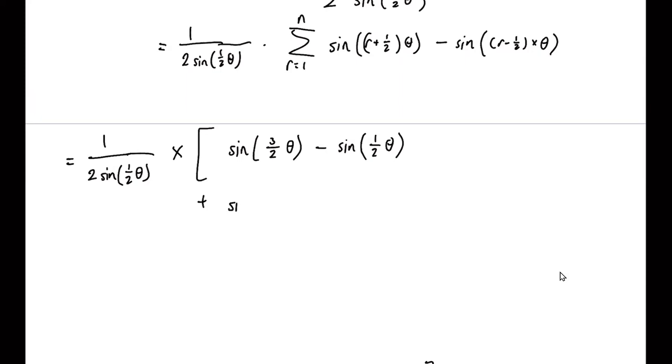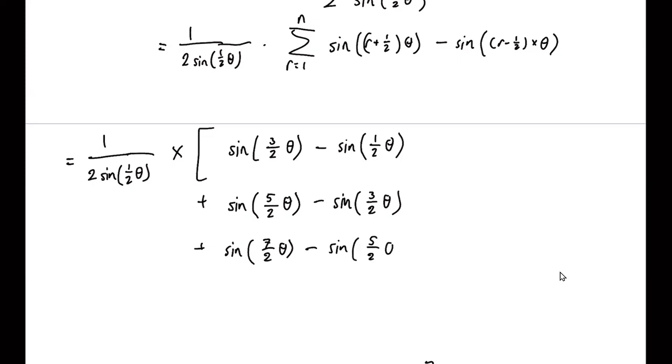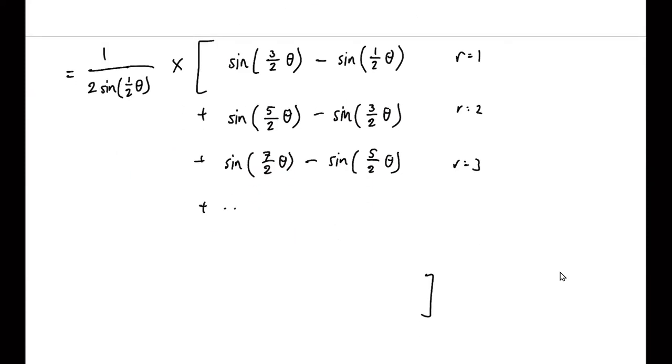Add on sine of, increase by 1, so it's 5 over 2 theta, minus sine of, increase by 1, 3 over 2 theta, plus sine of 7 over 2 theta, minus sine of 5 over 2 theta. That's r equals 1, r equals 2, r equals 3. Continue on, plus r equals n minus 2, r equals n minus 1, r equals n.